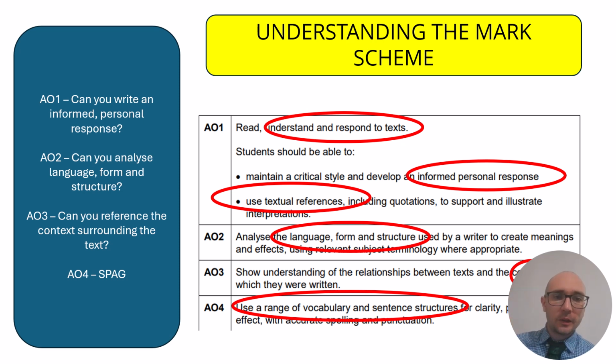So you've got AO1, can you write an informed personal response? You've got AO2, can you analyze language, form, and structure? Hopefully you will have done that in class, and you should be able to identify what each of those things are. Very simply put, structure: how is it built?